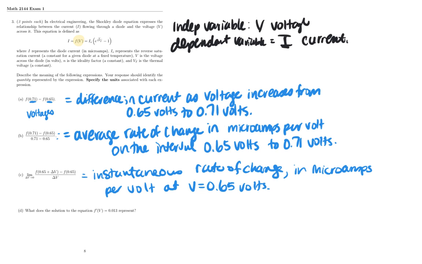Okay, and then what does the solution to the equation f prime of V equals 0.013 represent? So this is a volt and this is a rate of change.